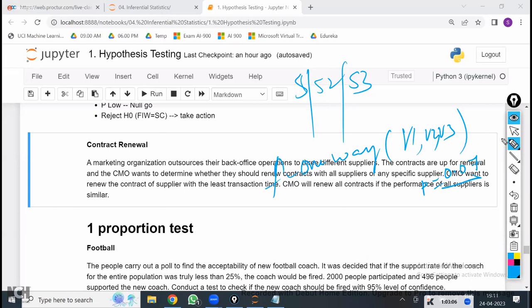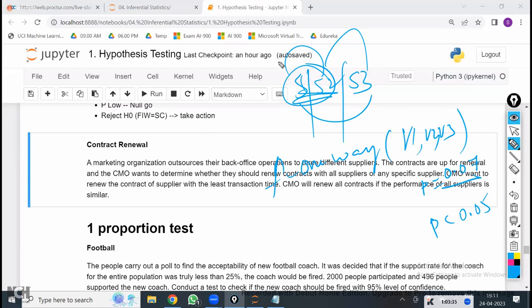For the entire population, not for the sample. 2,000 people participated. 2,000 people are the sample, not the population data. Out of which 496 people are supporting the coach. Conduct a test if the new coach should be fired with 95% confidence.